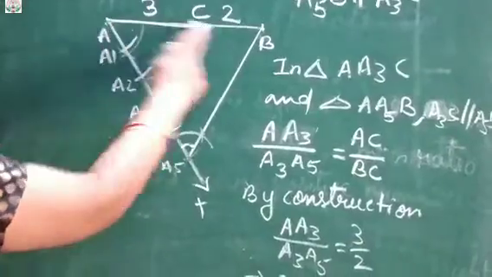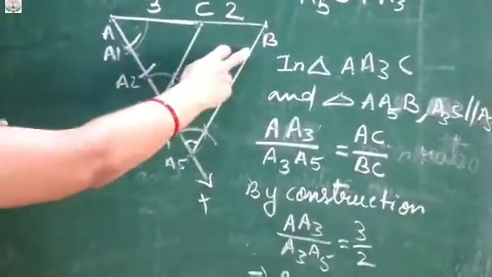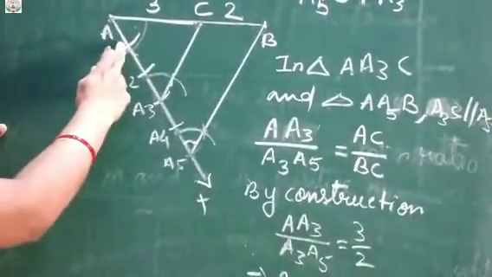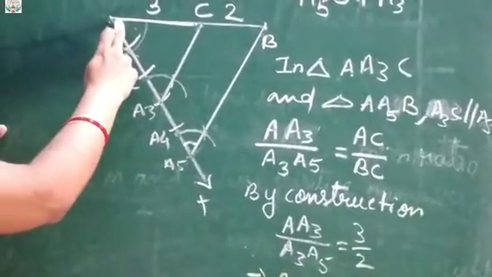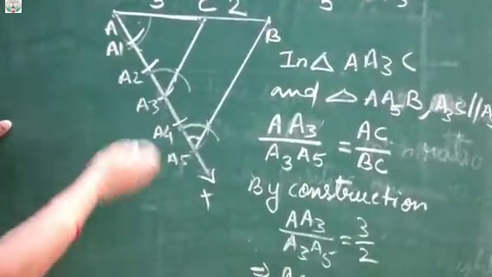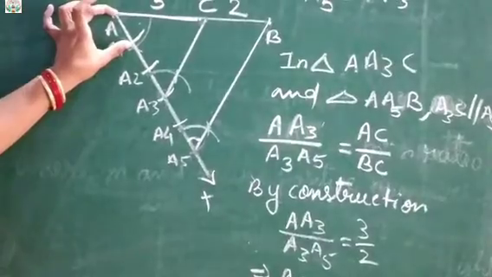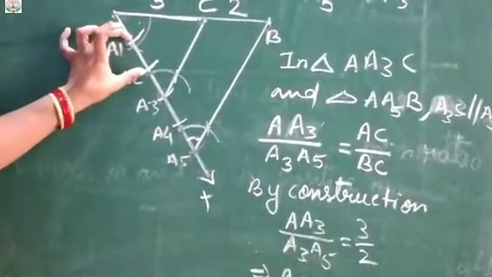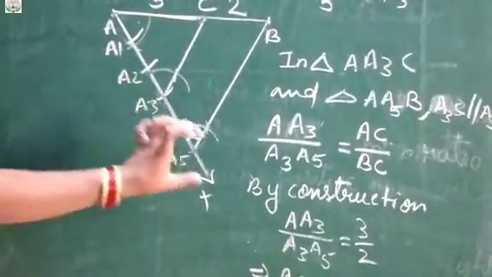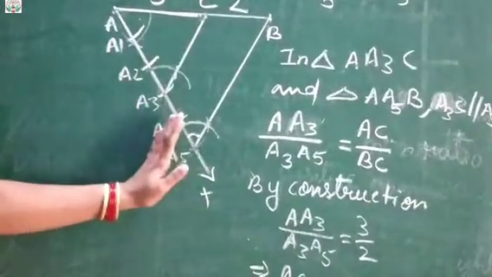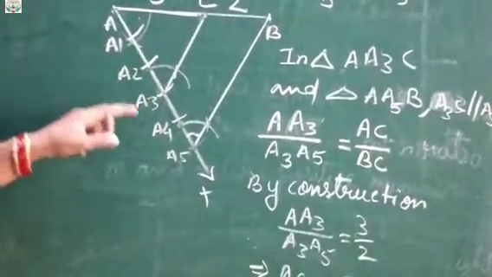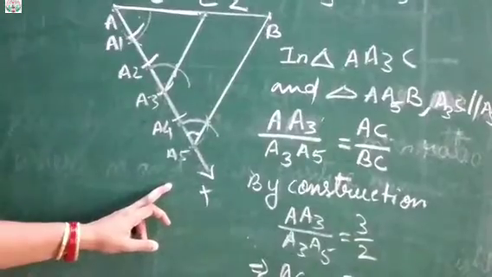And the construction: take AB as a line segment, then draw an acute angle at A, and then make equal arcs of equal measurements, and give the names A1, A2, A3, A4 and A5.